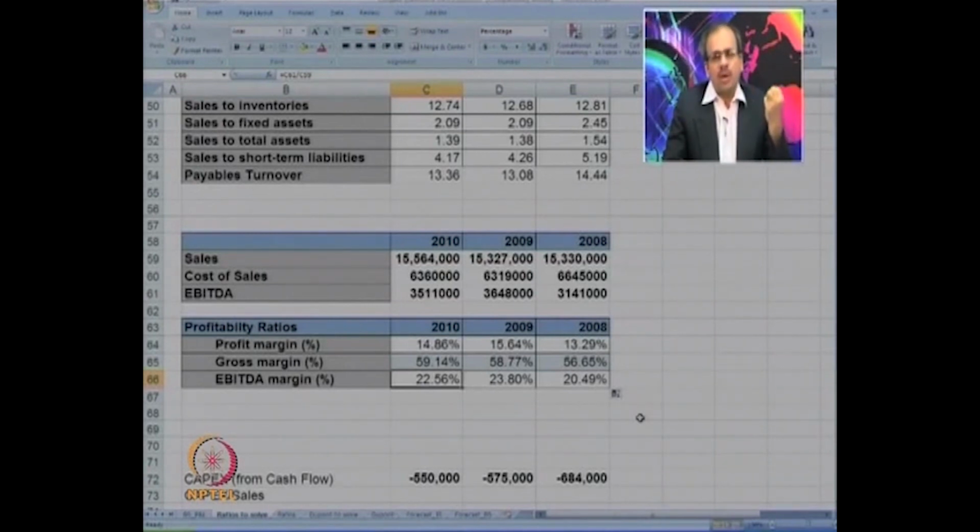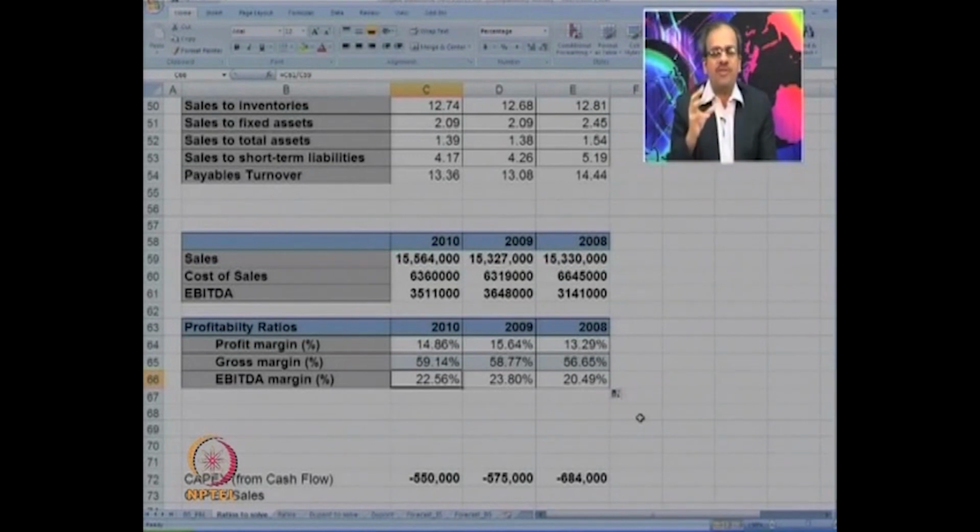Now, what does it convey? What is EBITDA? Do you remember? What do you mean by EBITDA? What does it really mean? Full form is earnings before interest, tax, depreciation and amortization. So, this could be viewed as an operating cash profit. Are you getting me? So, this is earning, that is profit before paying interest, taxes, depreciation and amortization.